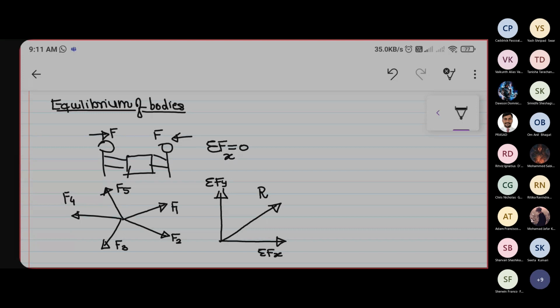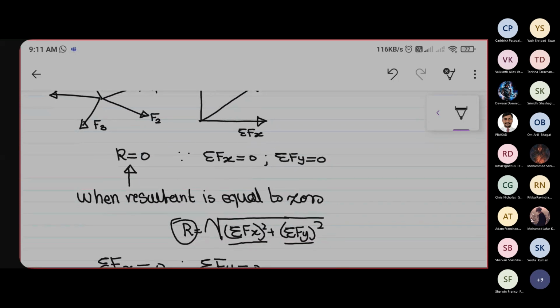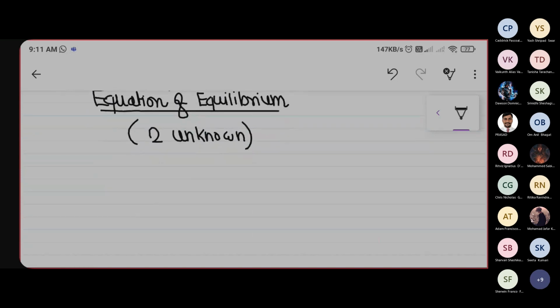If the body is in motion and still the resultant force acting on it is 0, or the body is at rest and still the resultant force acting on it is 0, then we can say the body is in equilibrium. When the body is in equilibrium, as the resultant is 0, summation Fx and summation Fy are equal to 0. This is called the equations of equilibrium, and we are going to use these equations every time in our whole engineering mechanics class.